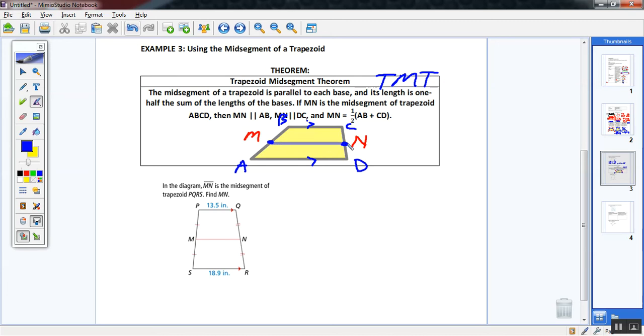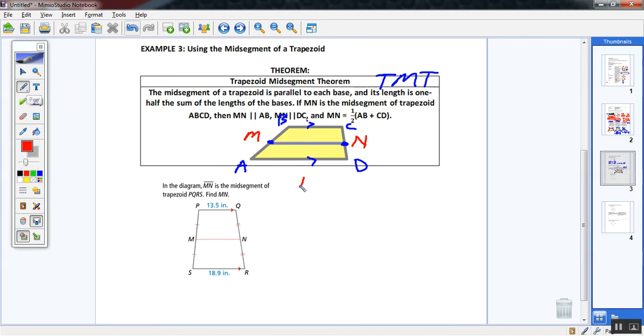Now what this is saying, kids, is the following. First of all, MN is going to be parallel to the top and bottom. Then its length is the average of the two bases. So I'm going to make a note right here.